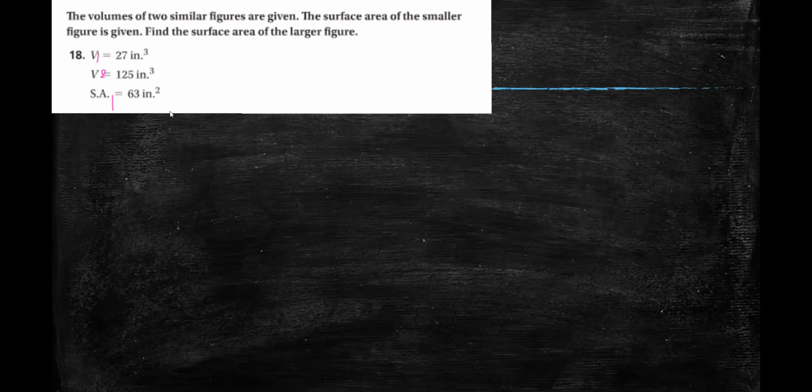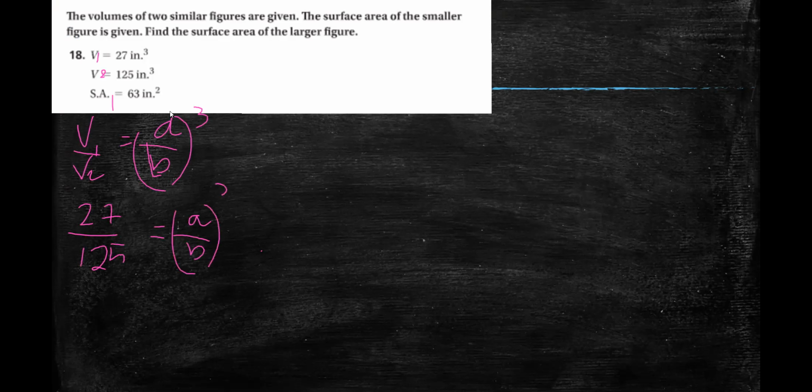As we did before, the ratio of the volumes tells me the cube of the scale ratio. So 27 over 125 is A over B cubed. To find A over B, let's take the cube root of each term.